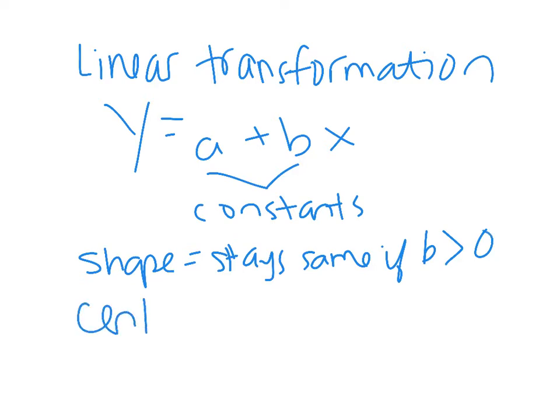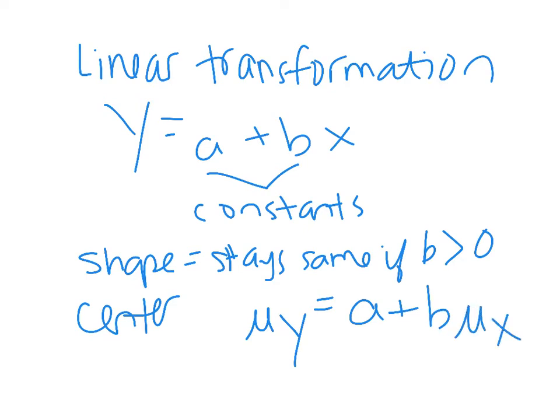What happens to my center is it's multiplied or divided by the constant first, and then you do the addition or subtraction. But you have to make sure you do it in that same order. For example, my mean of Y would equal a plus b times the mean of X. So I do my multiplication or division first, and then I do the addition or the subtraction.